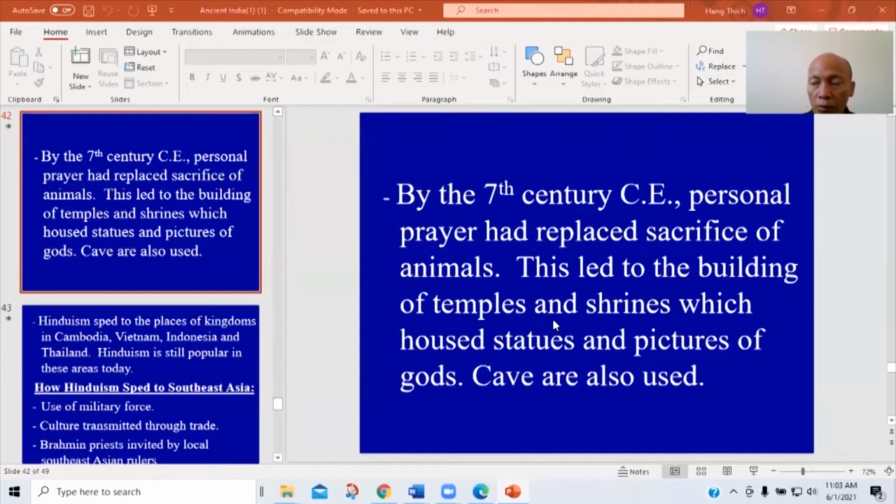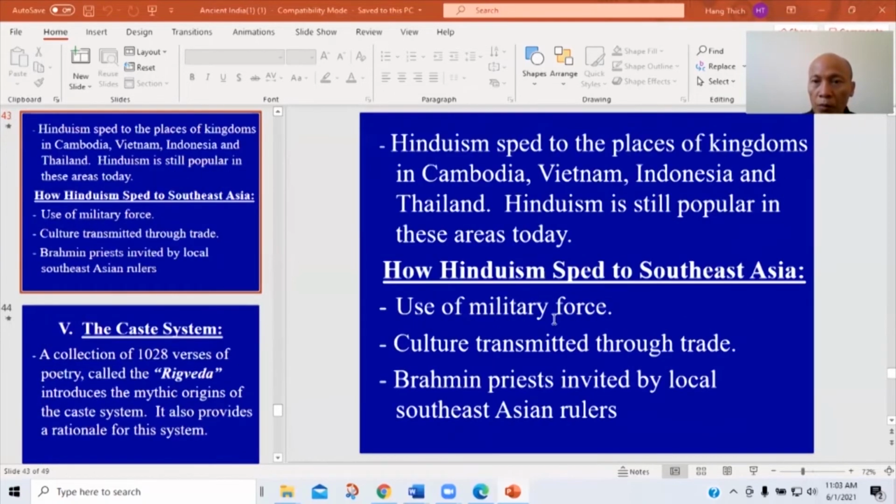Sometimes they still use caves. Later on, Hinduism spread to other South Asian countries like Cambodia, Vietnam, Indonesia, Thailand, and up to now they still have some popularity too.